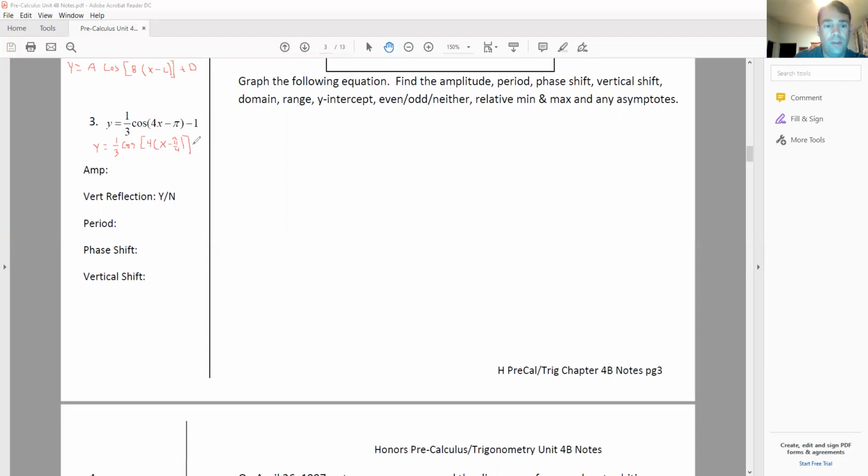And it can cause a lot of problems. Just make sure you get that b value out of there, -1. All right, so that means I have an a of 1/3. I have a b value of 4. I have a c value of pi over 4.